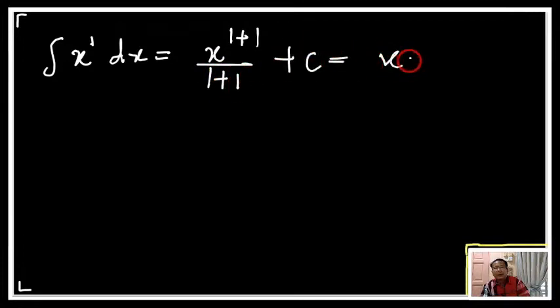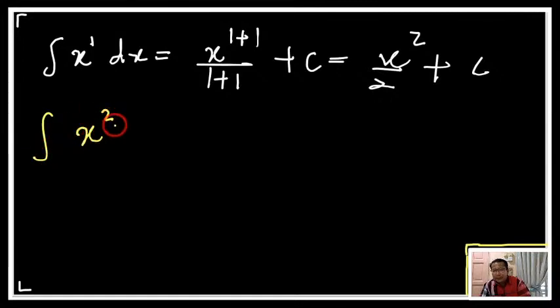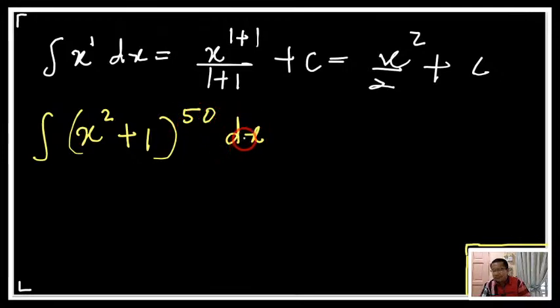So this is x squared over 2 plus c. This one is very easy. The one that I will show you is the substitution method. So (x squared plus 1) to the power 50 dx. Power 50 is not easy. You can expand, maybe using the binomial expansion, but it's not easy to solve this.